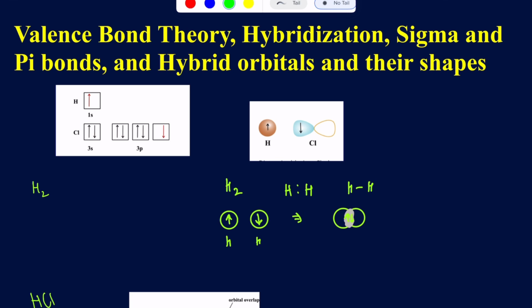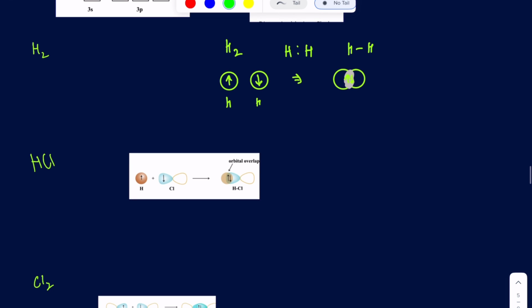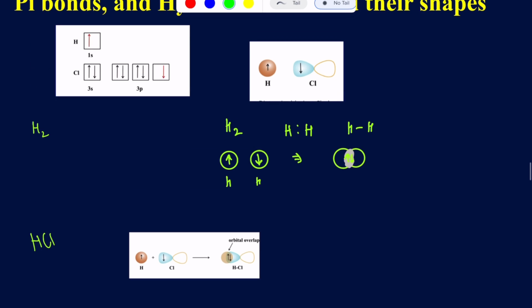So you make this bond and eventually you will lower the potential energy, and that is one of the other postulates of the valence bond theory. I'll talk about that in a minute, but let me give you another example, HCl. For HCl, we're going to have one s orbital from the hydrogen atom and one of the p orbitals from the chlorine atom that is half-filled.